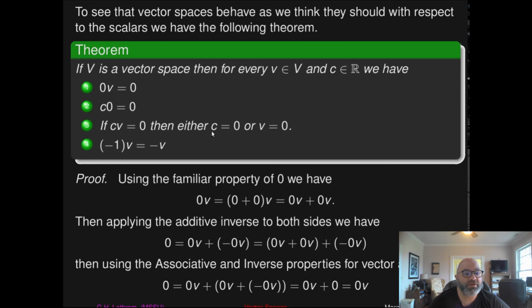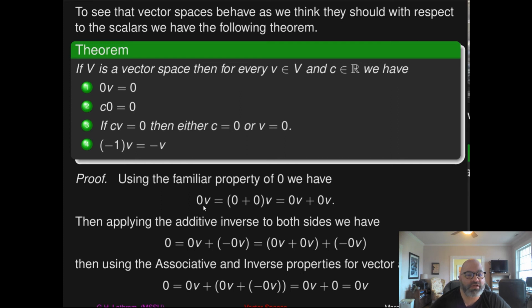If C times V is 0, then either C is 0 or V is 0. And if we multiply -1 times a vector, that should give us the additive inverse of that vector. Let's see why those things might hold.